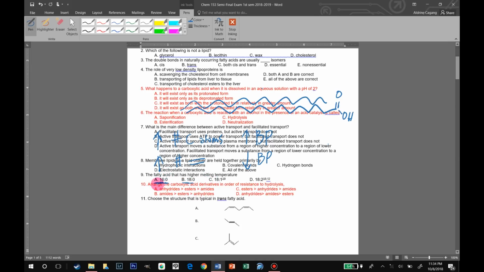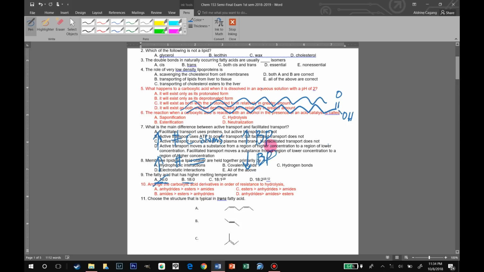Letter B should have a higher melting temperature than your letter A. So letter A is out of the question. And then you have B, C, and D having the same number of carbon atoms. So the next point of comparison is going to be the number of double bonds. So you have 0, 1, and 2. If you increase the number of double bonds within the structure, that's going to lower the boiling point.